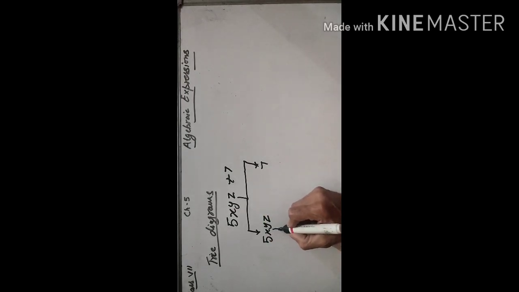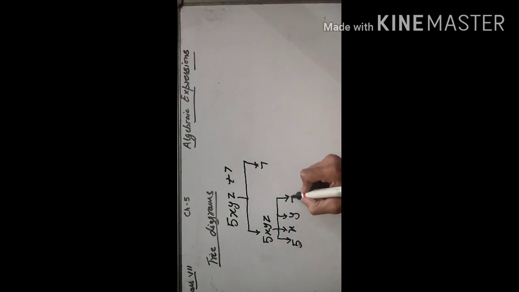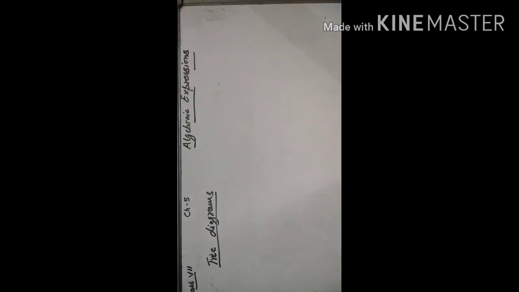Now again the factors of this are 5, x, y and z. So it is a tree diagram of this expression. Now take one more example.